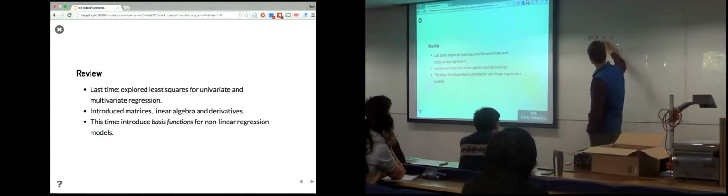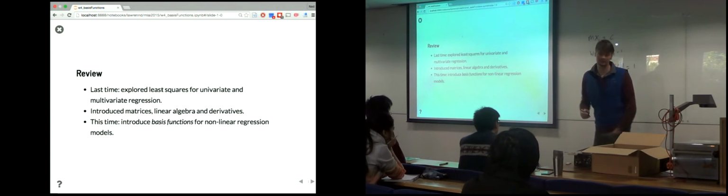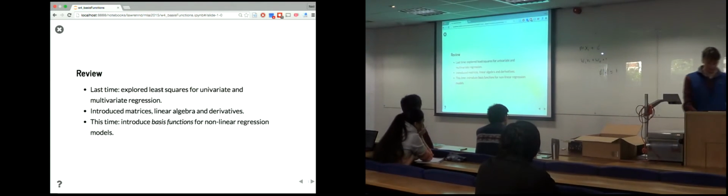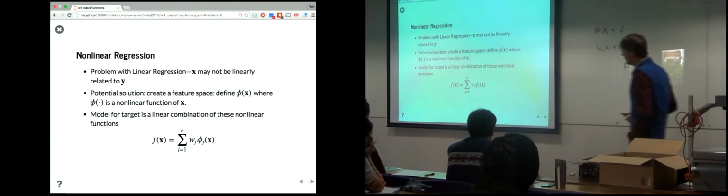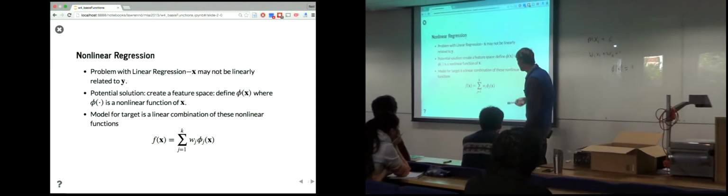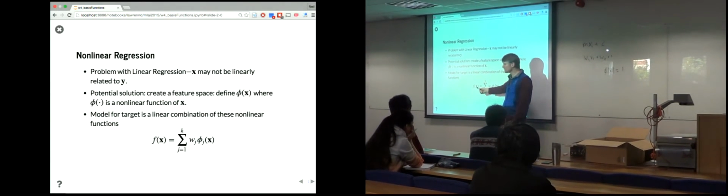That's saying that for each data point, we have not just an xi, but a 1. And that 1 is like a basis function. It's a function of x which is not a function of x. It's constant. But more generally, we can use this idea to perform nonlinear regression.